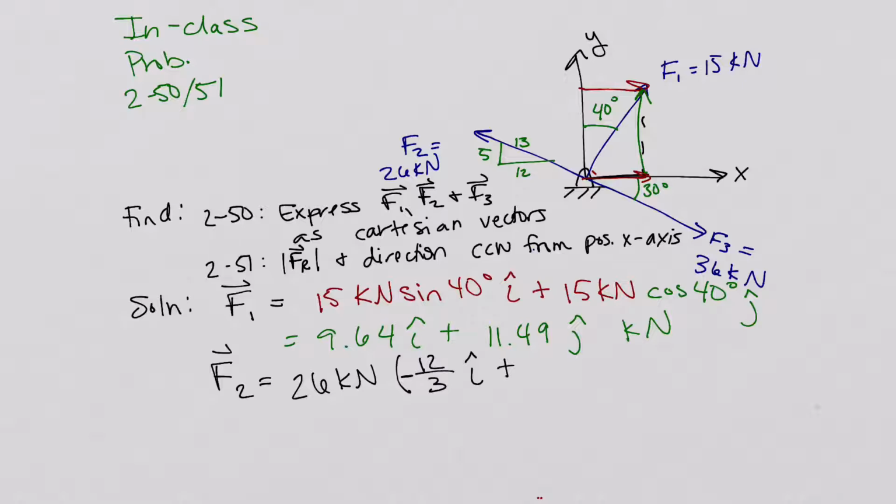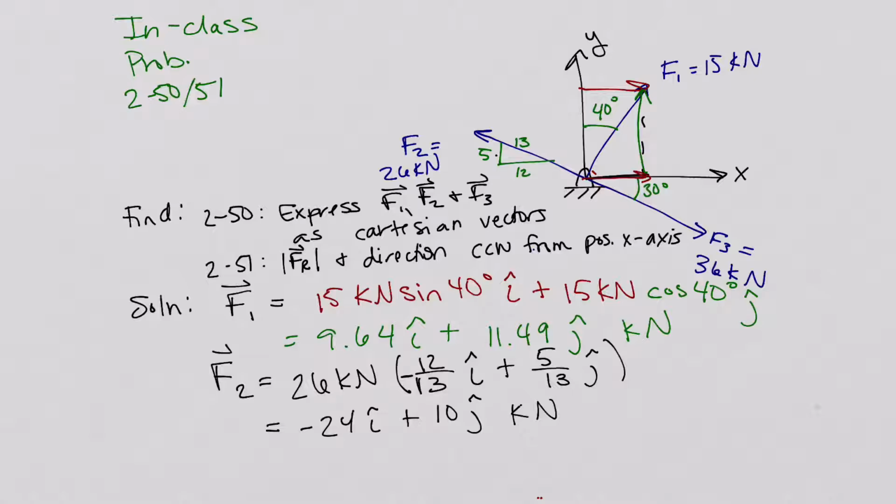And then for the y, it's positive, and that's 5 over 13 j. It looks like I wrote something down wrong, it was 12 over 13, which is what I said, but I didn't write it. If we multiply that out, it's basically negative 24 i plus 10 j, in kilonewtons.